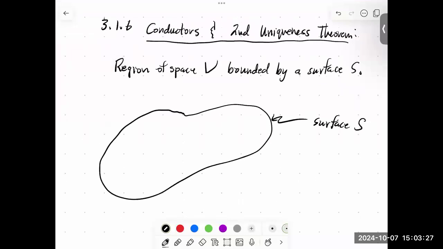And here is my volume V. So what we're going to do is place some conductors inside of our volume, and we're going to put some charge on those conductors. We're not going to say anything about how the charge distributes itself on the conductor. We're just going to tell you what the total charge is.